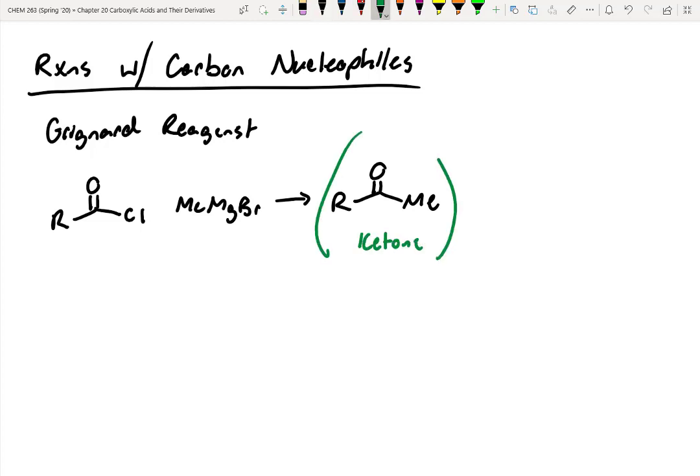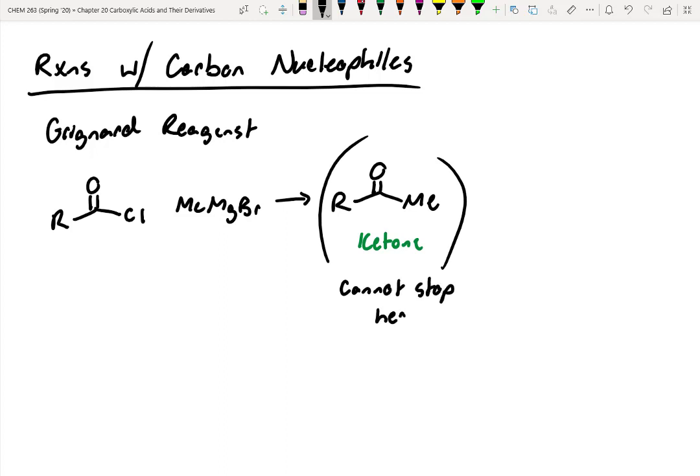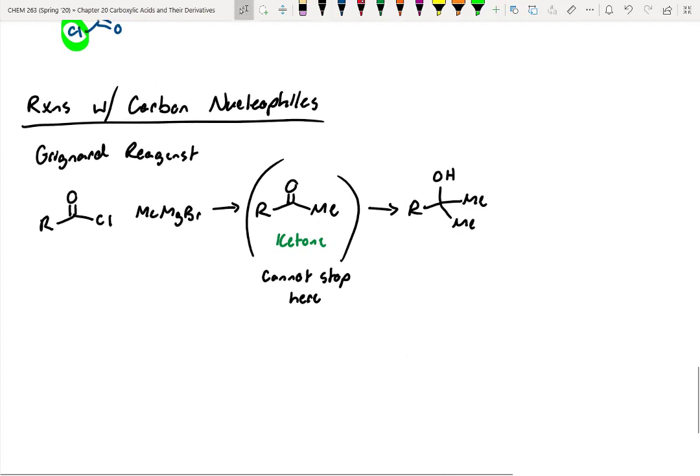However, it can't stop here. In fact, let me change the colors here. We know that Grignards will attack into ketones as well. So instead, the Grignard reagent will add in uncontrollably, and you'll end up with a tertiary alcohol after you quench with water.